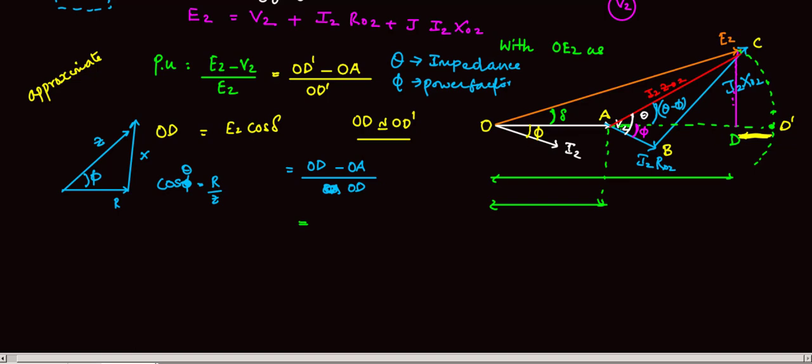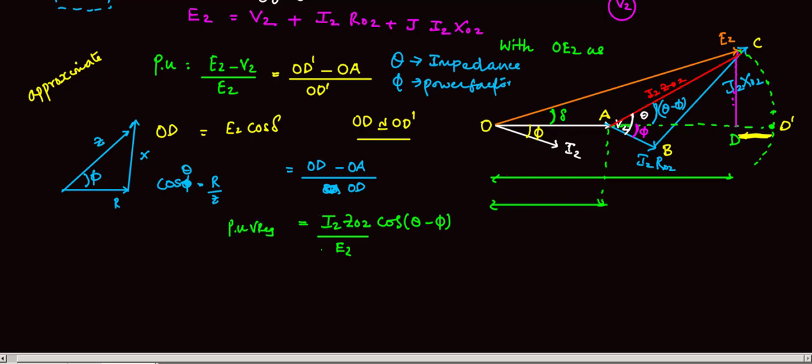So OD minus OA is the projection of this I2 ZO2 on this AD. That is I2 ZO2 by E2 into cos of theta minus phi. This is the per unit voltage regulation.